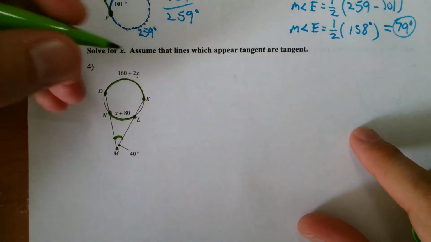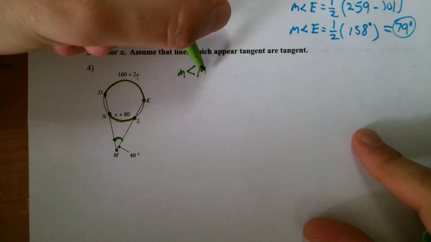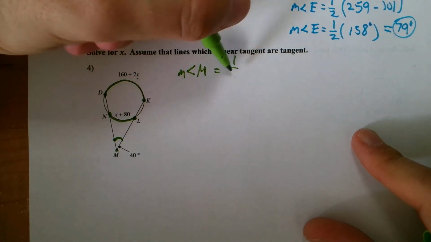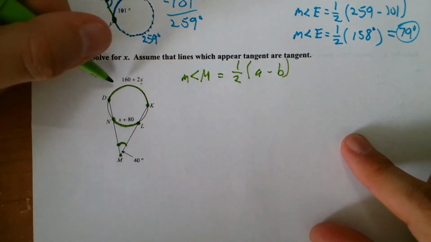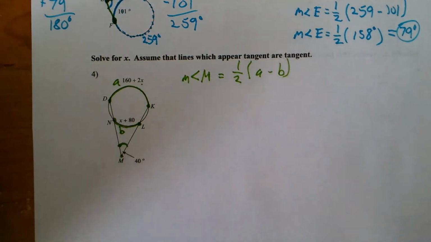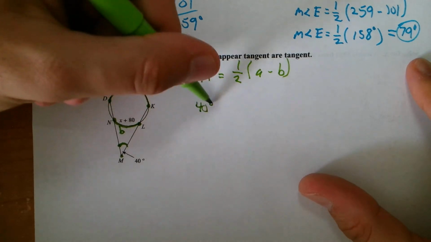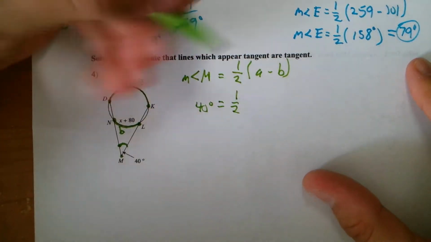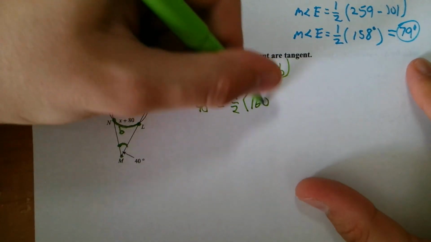Let's set that up. So I'm going to say angle M, measure of angle M, equals 1/2 of A minus B. Again, make A the big arc and B the little arc, like that. Plug in what you have. So measure of angle M is 40 degrees. 1/2 is part of the formula. The big arc is 160 plus 2x.